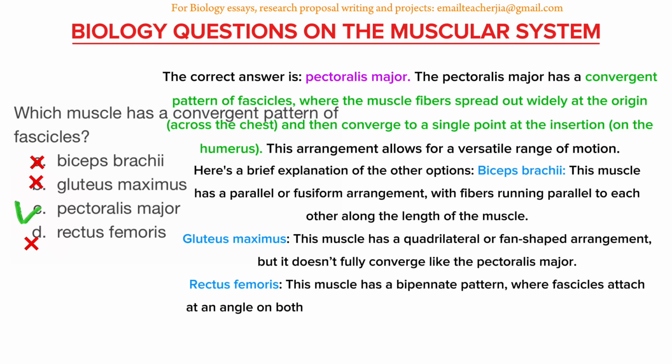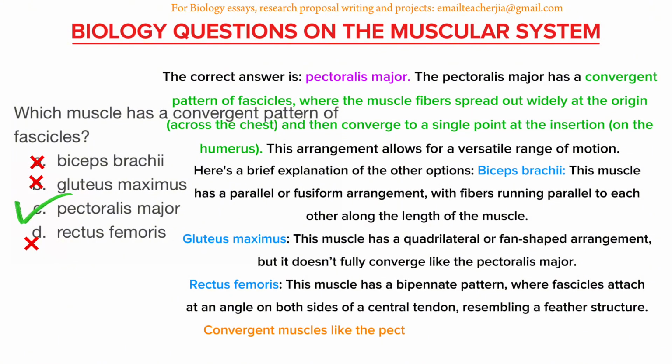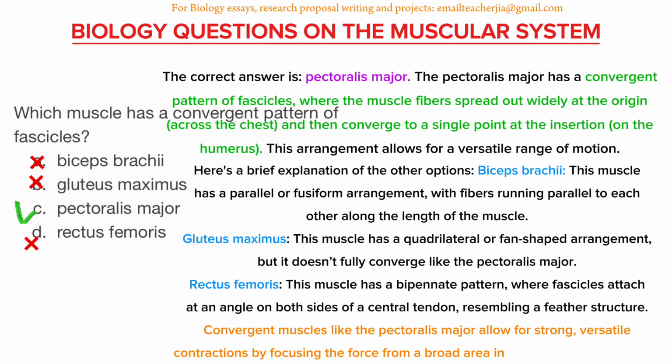Rectus femoris: this muscle has a bipennate pattern where fascicles attach at an angle on both sides of a central tendon, resembling a feather-like structure. Convergent muscles like the pectoralis major allow for strong, versatile contractions by focusing the force from a broad area into a single insertion point. So that is all, and our answer here is pectoralis major.